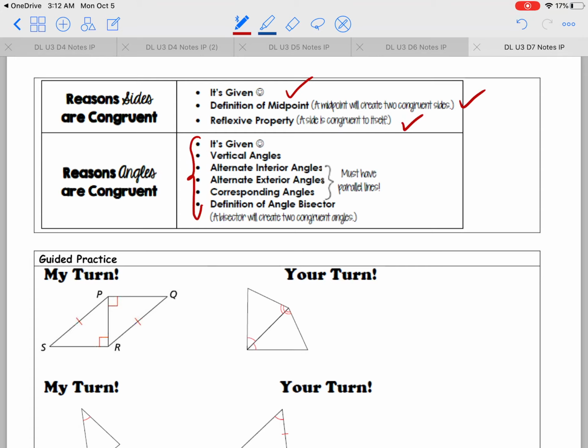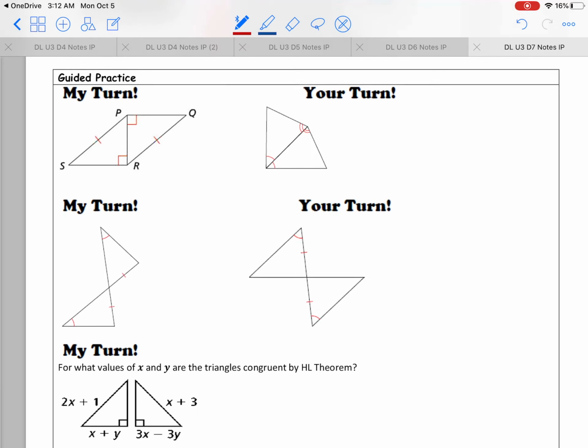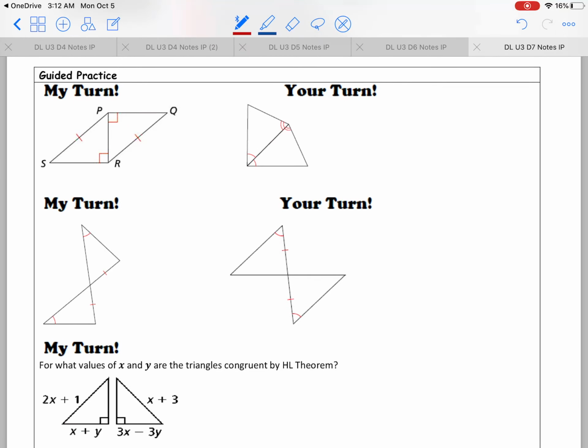For angles, we're going to cover all of the angles that we should already know from Unit 1 and 2. If you recognize an angle, then you can come back and put the markings. Don't ever assume. You need to make sure that you justify coming back into the diagram and adding those markings. All right, let's go ahead and look at the practice problems.